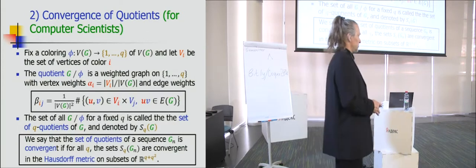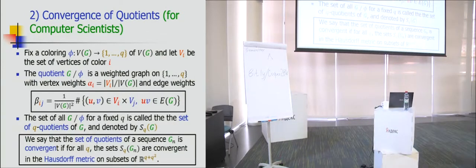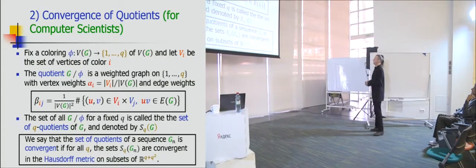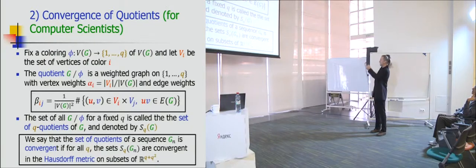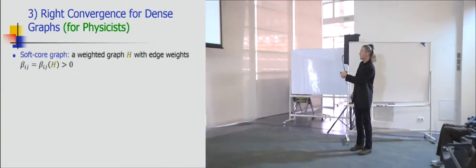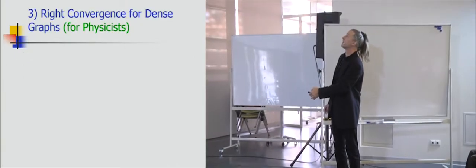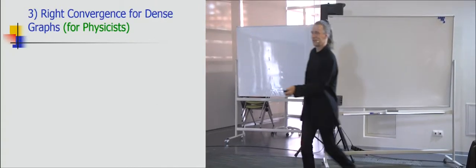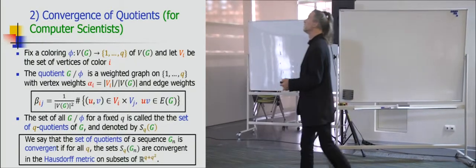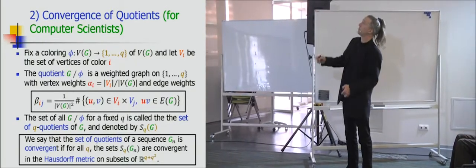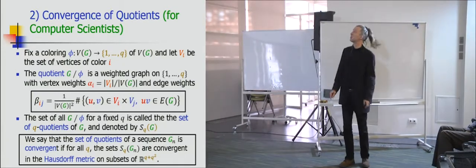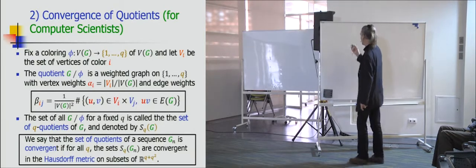Okay, so this set of quotients: I have only a finite number of colorings, because I have only a finite graph, and well, exponentially many, but still only a finite number of possible quotients.